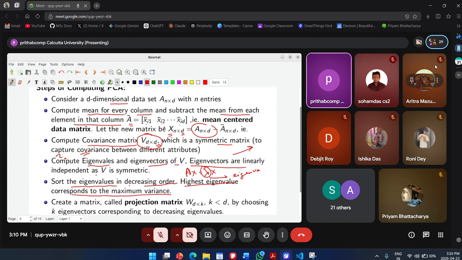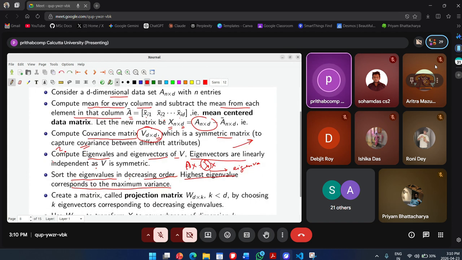Next, ultimately what we want is to map the entire n cross d dimensional data space into a smaller matrix of size, let's say, n cross k.